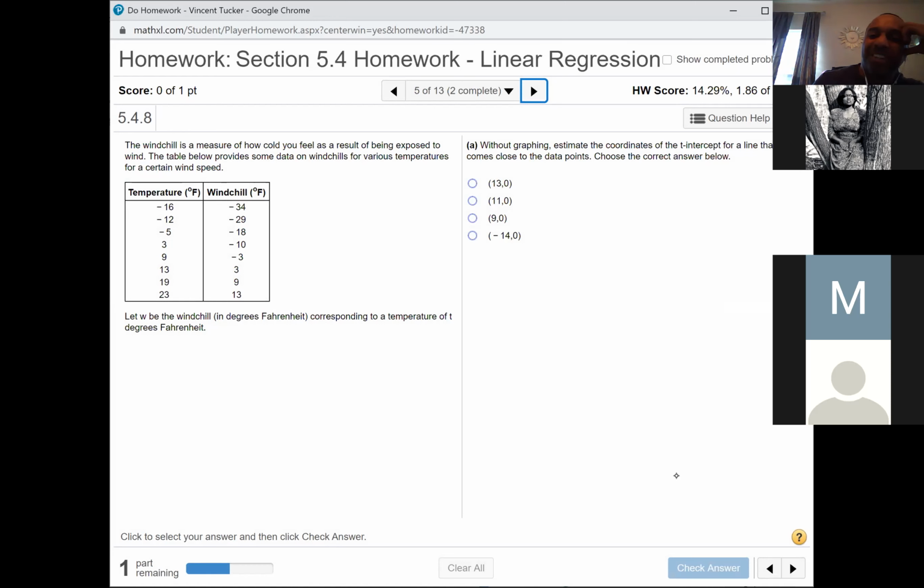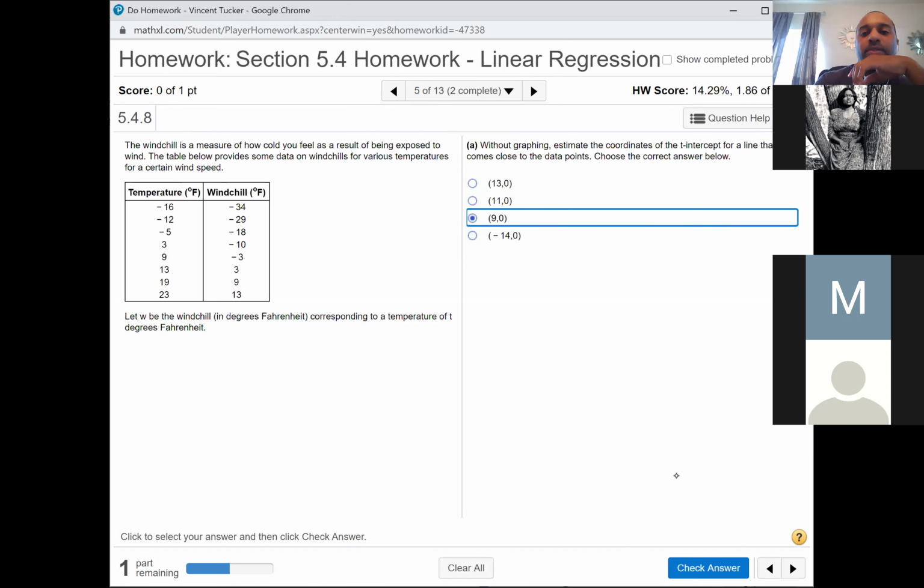So here, without graphing, estimate the coordinates of the t-intercept for a line. Basically, you want to know when is your y going to be 0. So you're going to have to compare these values over here to what's going on in this chart to the left. So notice you want to know when is your right coordinate 0. It goes from -34, -29, -18, -10, -3, then it goes from -3 to 3.